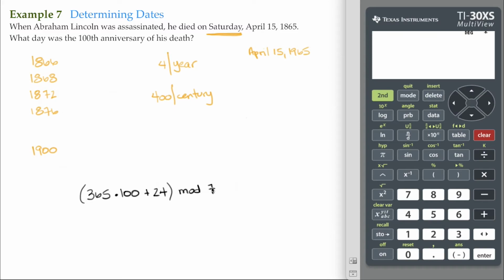So then we could take 7 goes into 365, 52, there's 52 weeks in a year. So we'll take 52 times 7. That's 364. So we have a remainder of 1. Then 7 goes into 100.